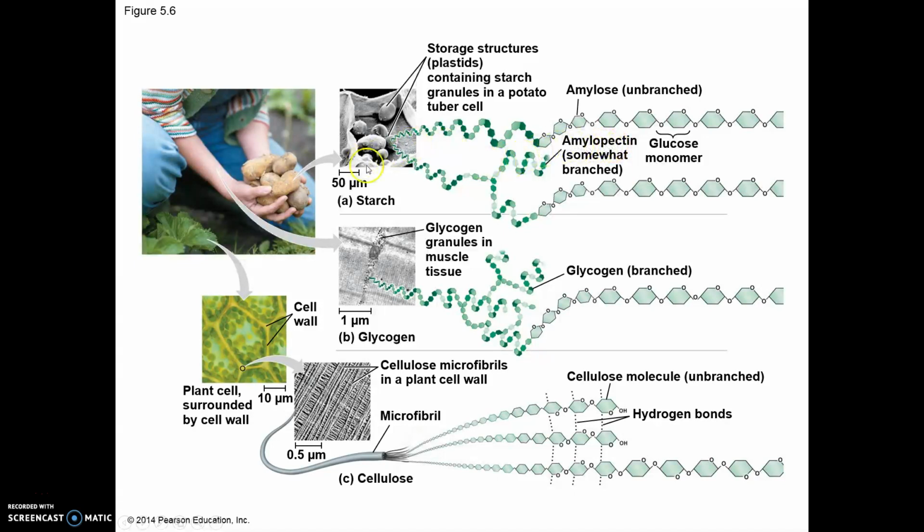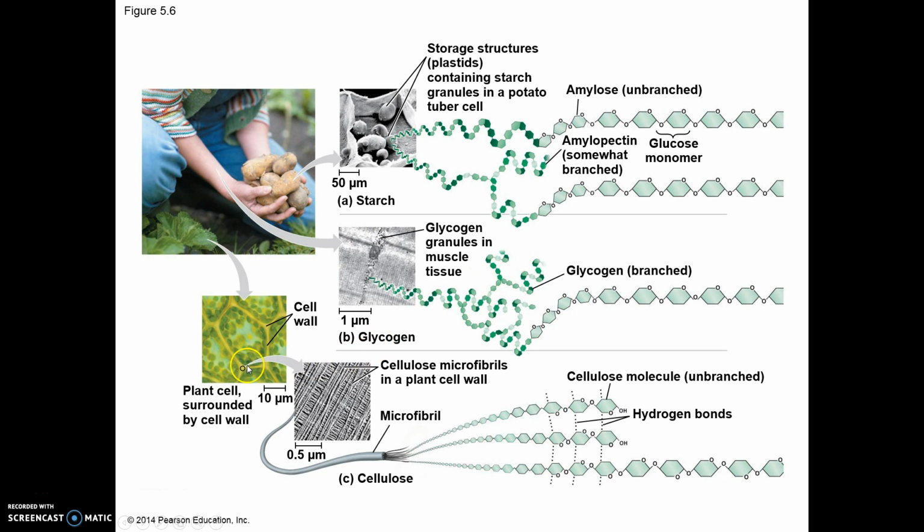When that sugar is sourced from us, as opposed to potatoes, we call it glycogen. Structurally, there is somewhat of a difference, not in the actual chain zoomed in itself, but glycogen tends to be much more highly branched than we see in starch. But the fact that they look more or less similar has a functional significance.